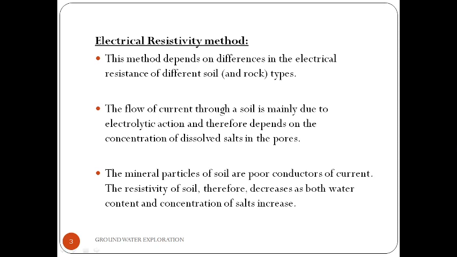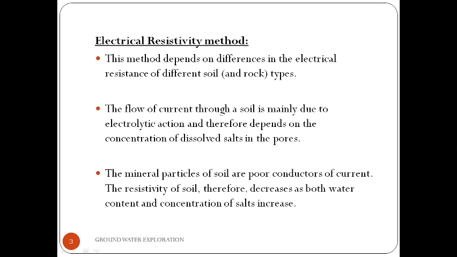Resistivity is basically a property possessed by all materials. The electrical resistivity method is based on the fact that in soil and rock materials, the resistivity values differ sufficiently to permit that property to be used for identification.